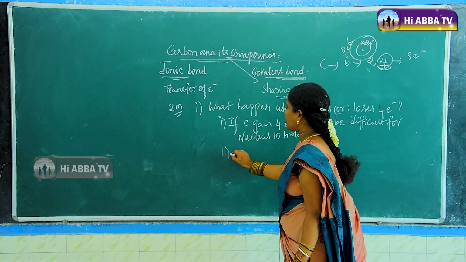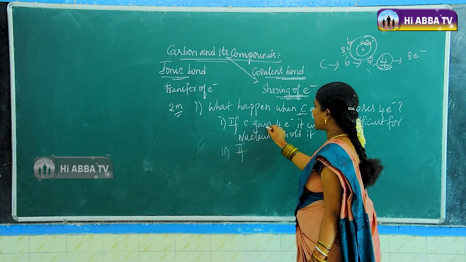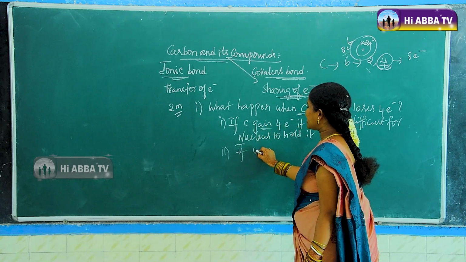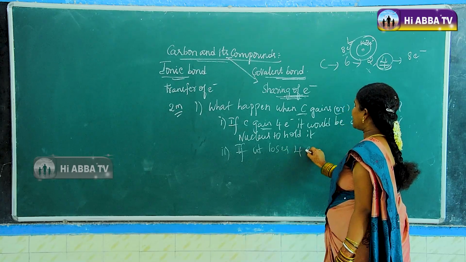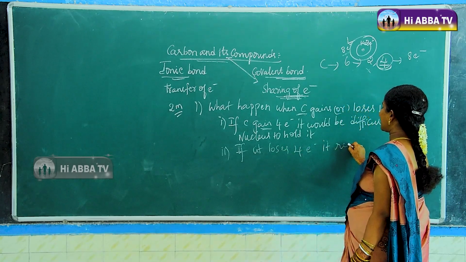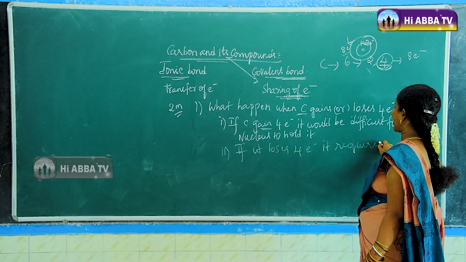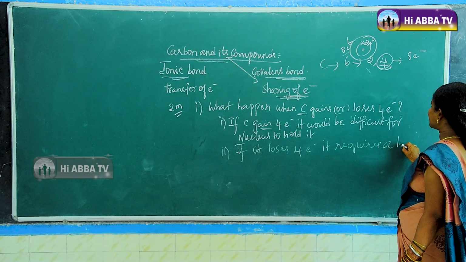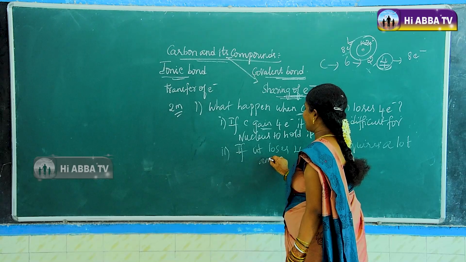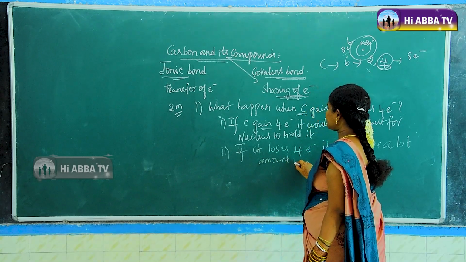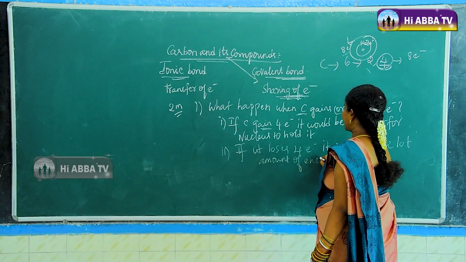And the second one, instead of gaining 4 electrons, if it loses 4 electrons, it requires a large amount of energy. What is the meaning of that?